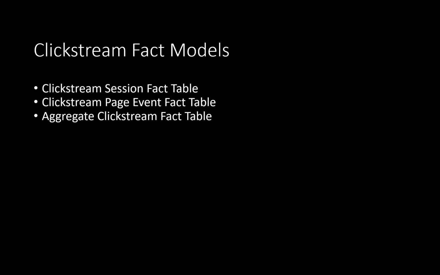And lastly, we have the aggregate clickstream fact table. Both fact tables we have discussed earlier are large fact tables. So there are questions a business may want to answer which would require summarizing millions of rows from those fact tables.